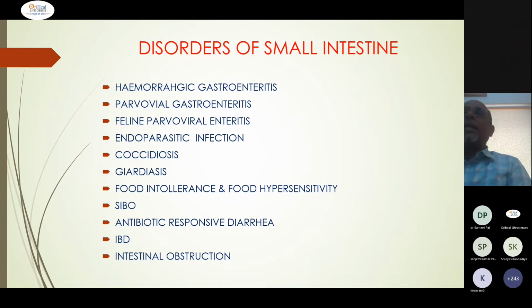Then feline parvoviral enteritis, endoparasitic infection, coccidiosis, giardiosis, food intolerance or food hypersensitivity, small intestinal bacterial overgrowth, antibiotic responsive diarrhea. See, these both are together, SIBO and antibiotic responsive. Of course, inflammatory bowel disease and intestinal obstruction like intussusception or foreign bodies. These are normal cases you see in your day-to-day practice.